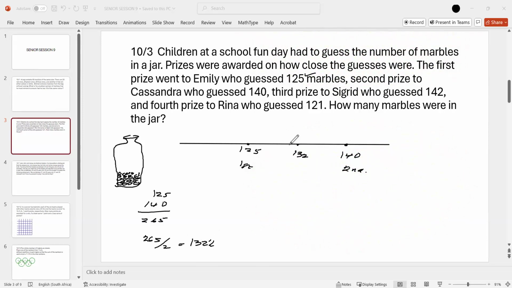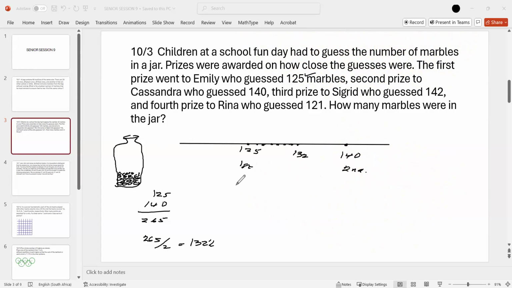In fact, any one of these, 131, 130, and so on, the correct answer is going to be in between these two. Rather, it's not going to be 140. It's going to be less than 132. We don't know where it is. It could be on this side as well.